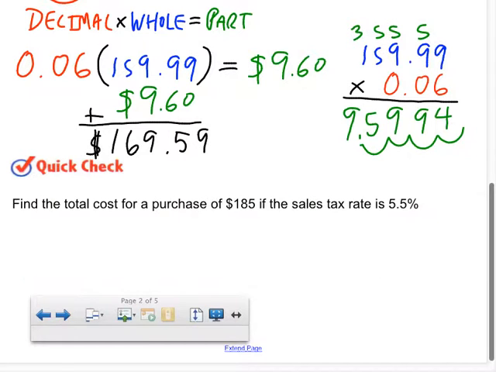All right, so take a look at this next problem. It's the same problem. Okay? It's a two-step problem. Find the sales tax, give me the total cost.